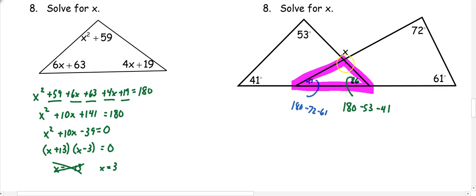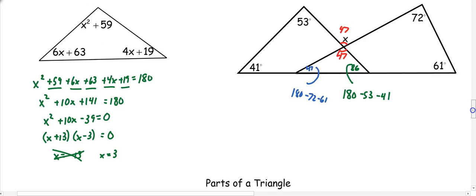So I would do 180 minus 47 minus 86. I get a measure of 47 degrees again. Now, 47 and x are vertical angles, so they have the same measure, so x is also 47 degrees.